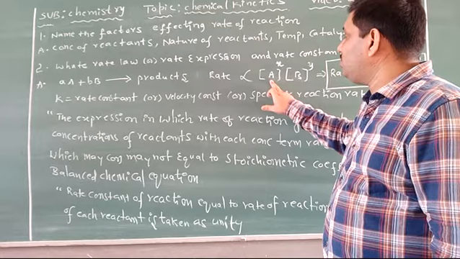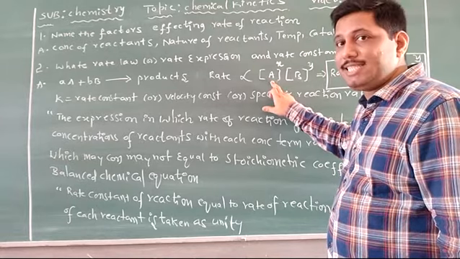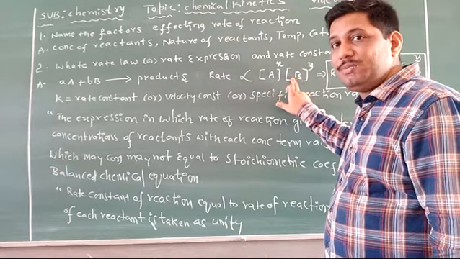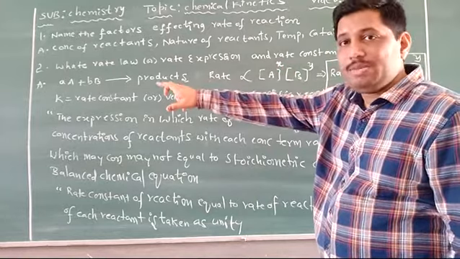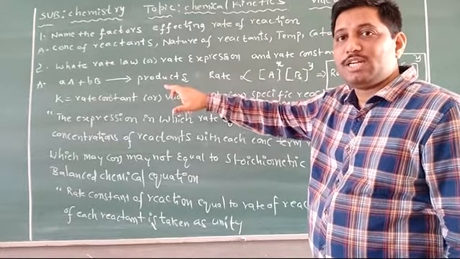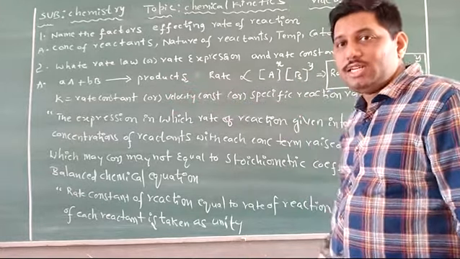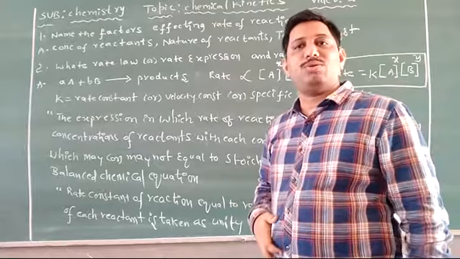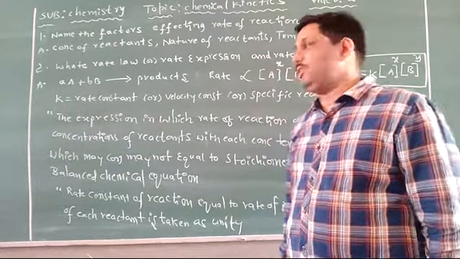Here the power of concentration of A is x, the power of concentration of B is y. There is no necessary condition that x is equal to a or y is equal to b.